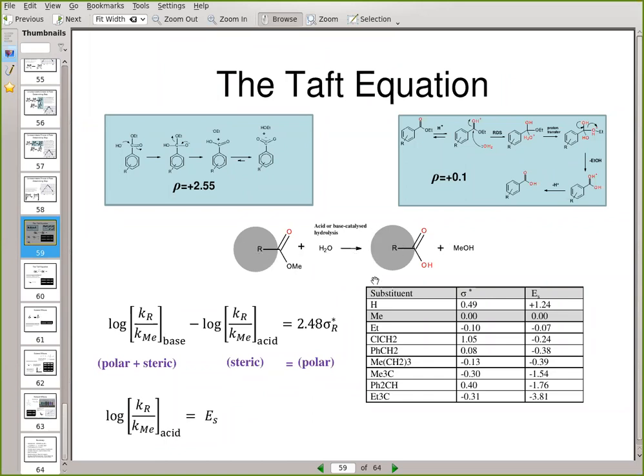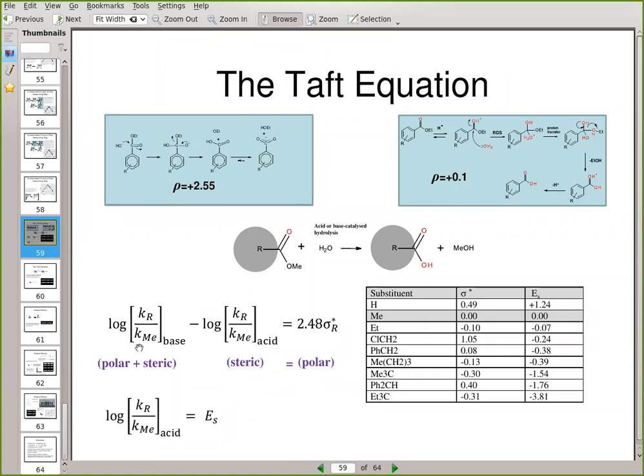And he generated a whole set of parameters using this form. So the base catalyzed reaction, compare it up here. He used several R groups, and some of them will introduce really bad steric problems.